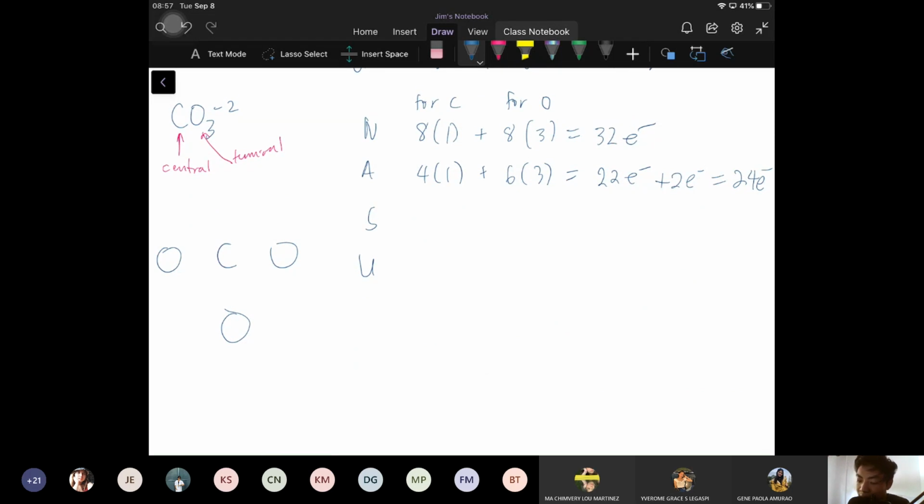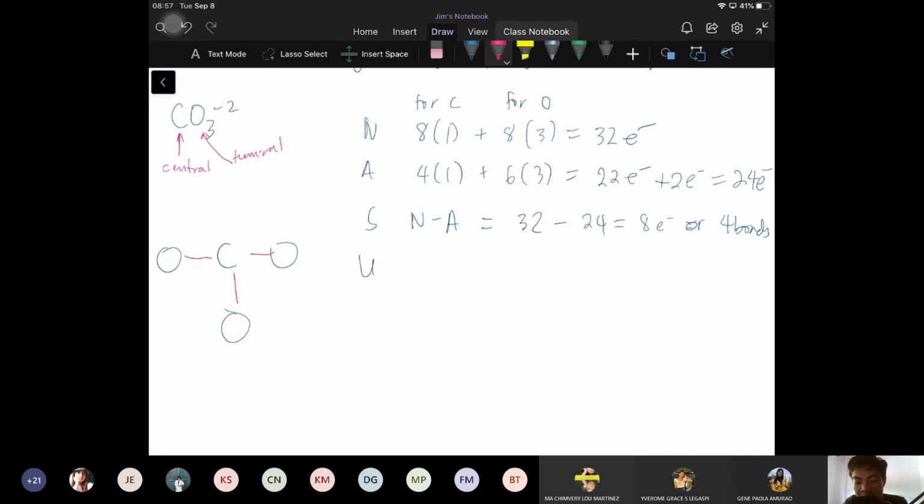Again, the formula is N minus A. So that is 32 minus 24. 8 na. Or how many bonds? 4 bonds now. Okay, so that means we have to distribute 4 bonds between C and O. So 1, 2, 3.